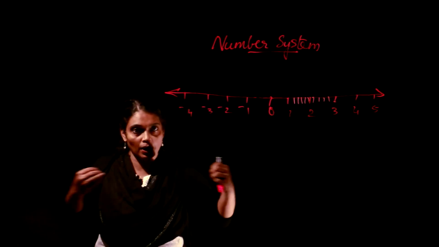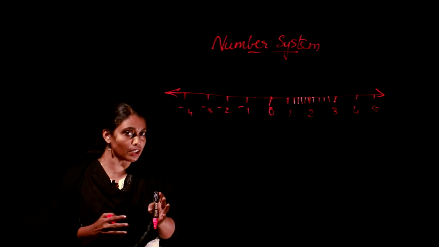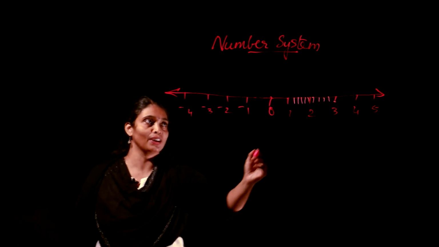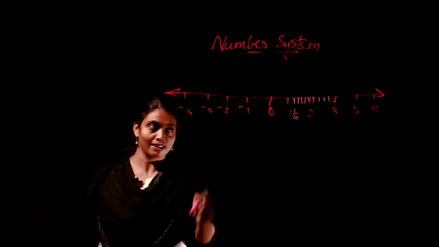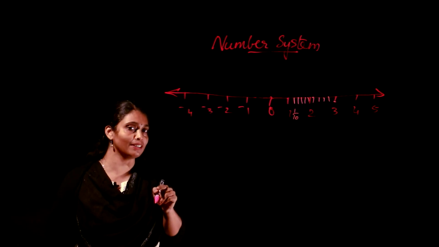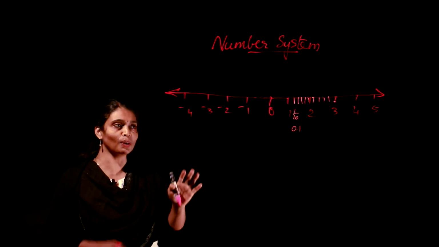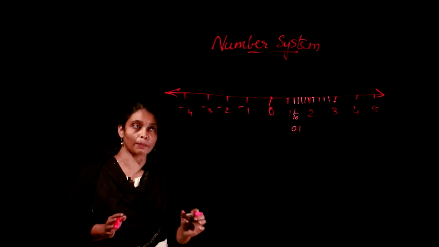If you expand more, you will get more fractions in between. And these fractions also can be written as decimals, that you have already learned. If I am dividing it into 10 portions, you will call it 1 by 10. The same 1 by 10, you can call it 0.1, is it? So, decimal or fraction is also there in the number line.